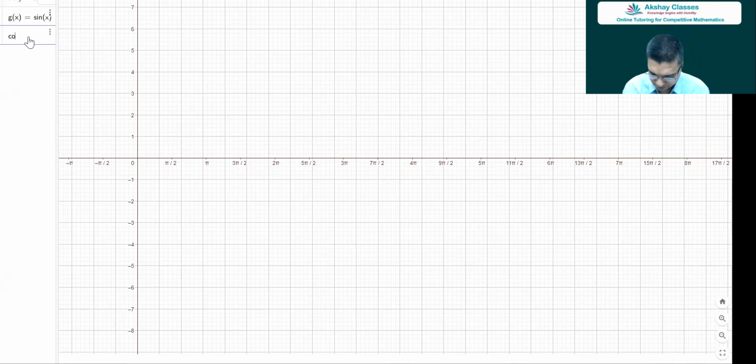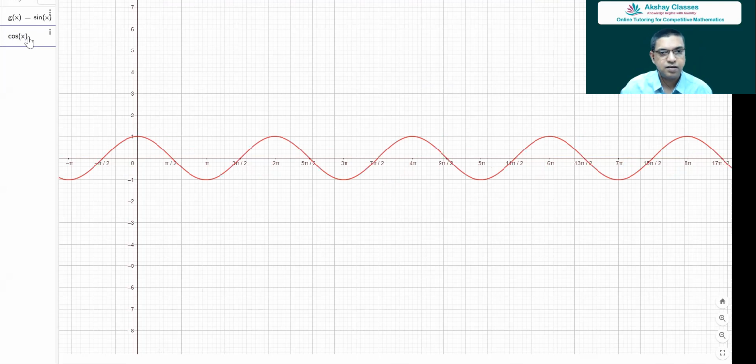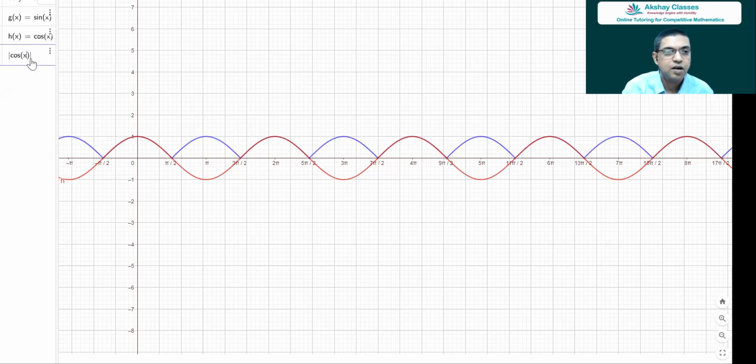Say this is cos x. This is the graph of cos x. Now next I will draw modulus of cos x. You see how it is, modulus of cos x.